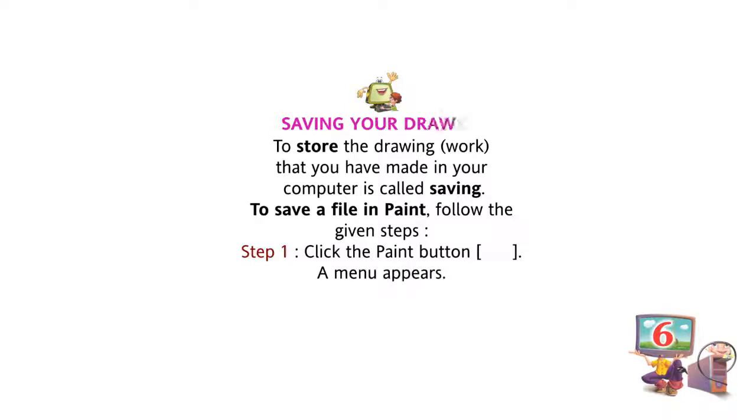Saving your drawing. To store the drawing work that you have made in your computer is called saving. To save a file in Paint, follow the given steps. Step 1. Click the Paint button. A menu appears.